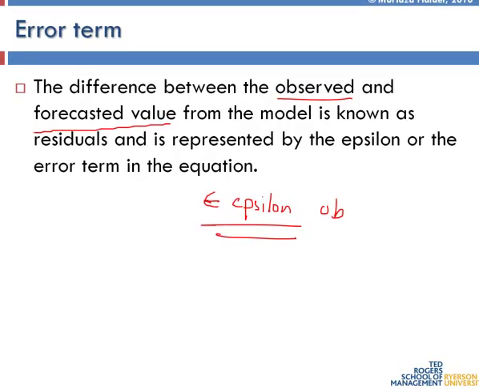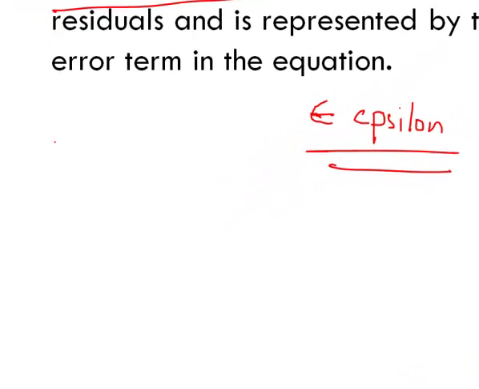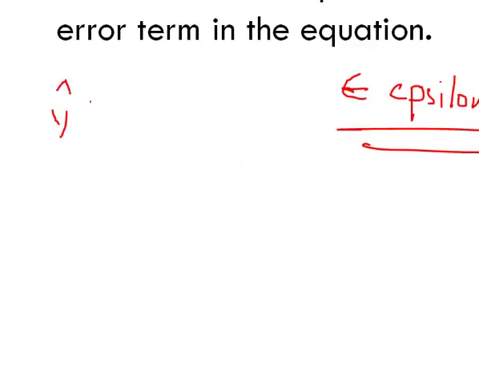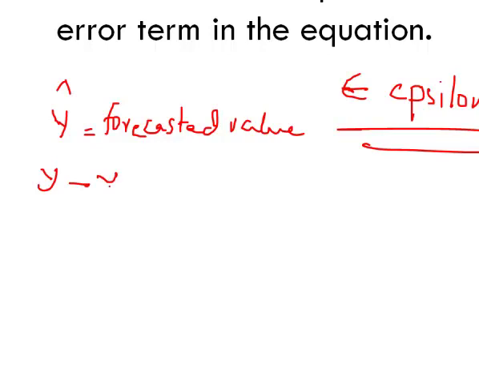So you estimate a model, and then from that model you estimate the forecasted value, which we call y hat, and then the difference between the forecasted value and the observed value, which is y, that difference, that is y minus y hat.